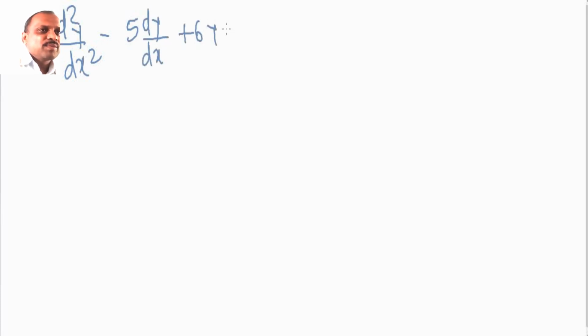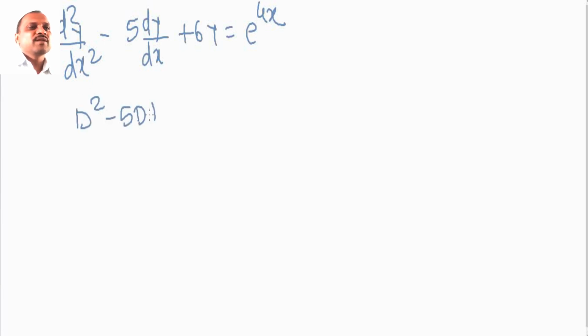Okay, so consider this example: d2y by dx squared minus 5 into dy by dx plus 6y equals e raised to 4x. Remember how to write this in terms of D. This is equal to (D squared minus 5D plus 6) operating on y equals e raised to 4x.